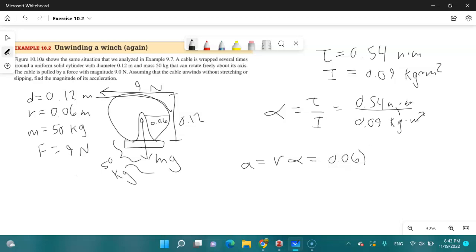We put the 0.06 meters times the 6.0 radians per second squared that we found. So we drop the radians because they're not a realistic value in these cases. So we would end up with 0.36 meters per second squared. And that's the magnitude of the acceleration of the winch.